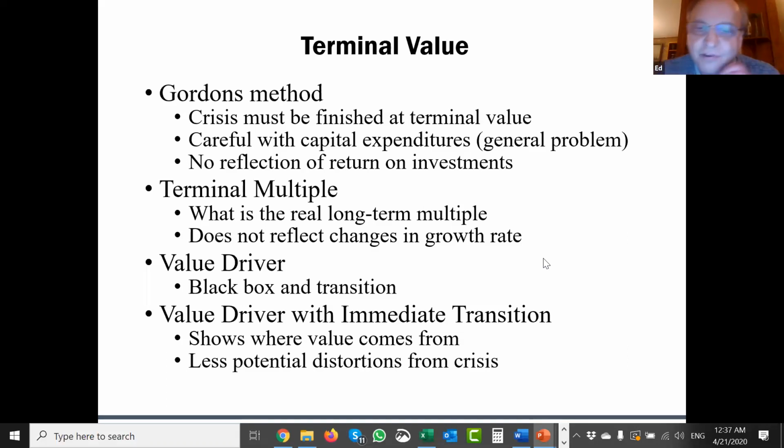Take the invested capital the company has at the terminal value, multiply it by what you think the long-term stable return is going to be, and then use this formula: 1 minus the growth rate divided by the return on invested capital, divided by the WACC minus the growth rate. Now, I could spend hours on this, but that's a fascinating question.